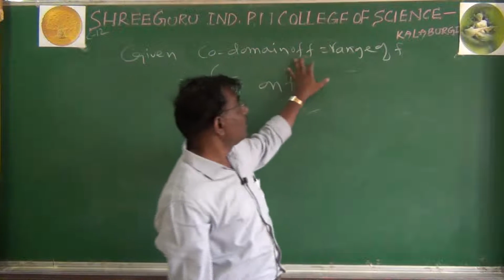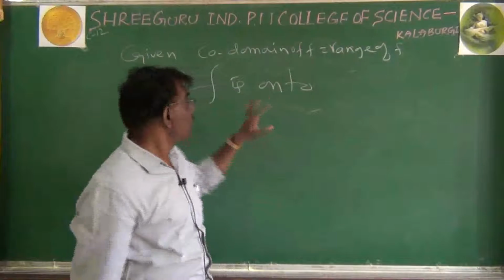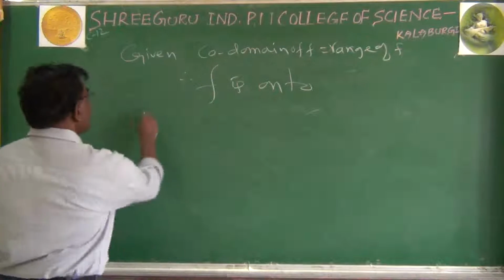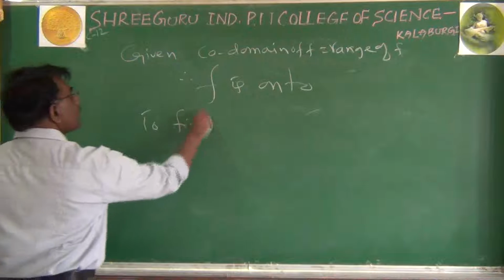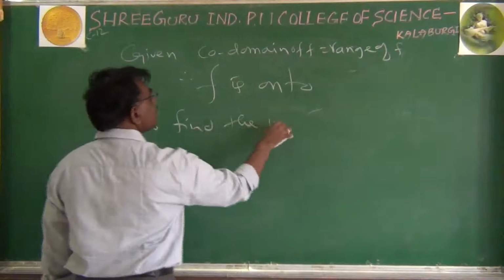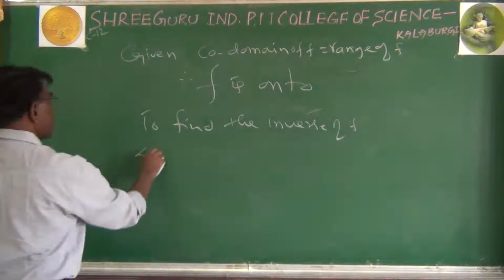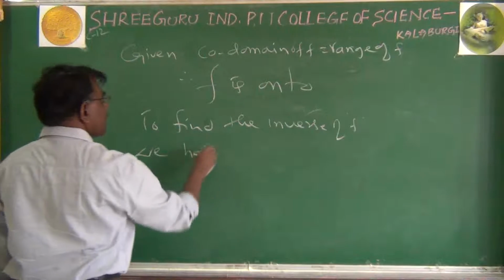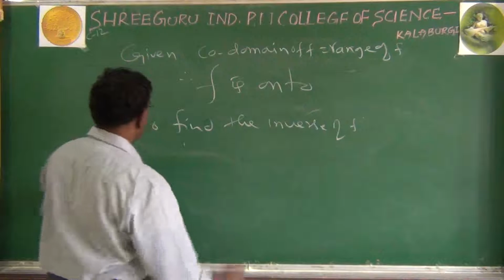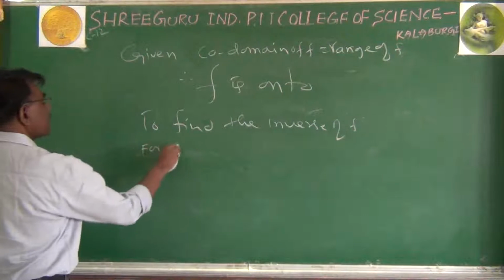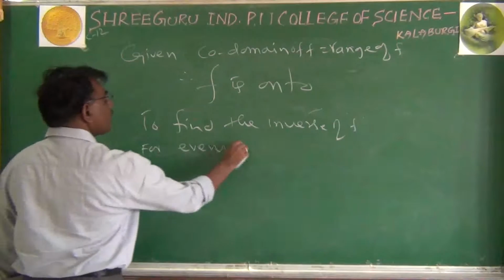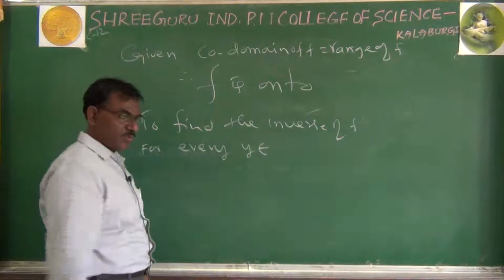The given codomain of f equals the range of f, so f is onto. To find the inverse of f, for every y belongs to what?